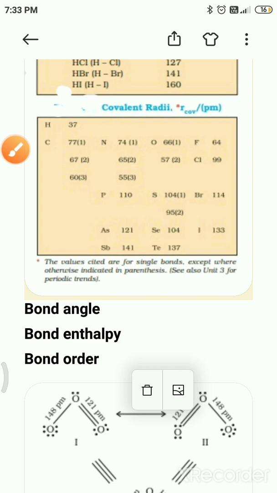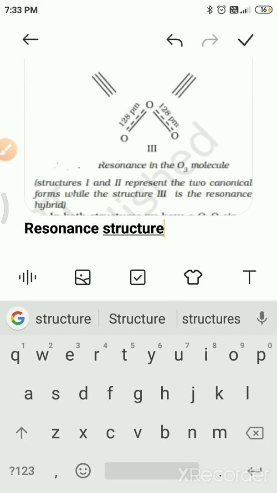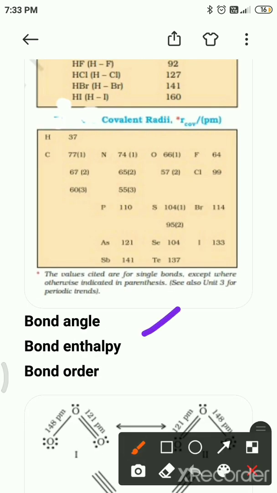Now the third one is bond enthalpy. Bond enthalpy we can define as the amount of energy required to break 1 mole of bonds of a particular type between two atoms in a gaseous state.